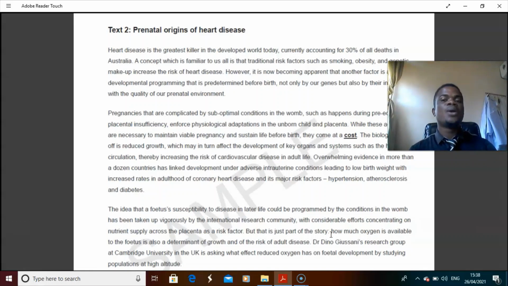So you do it. But if you're spending more than 1 minute 30 seconds on one question, it's better you leave that question and move to the next, because all questions have equal marks. There is no question that will earn you a higher mark than the other.